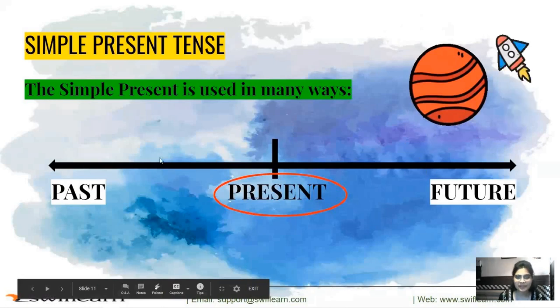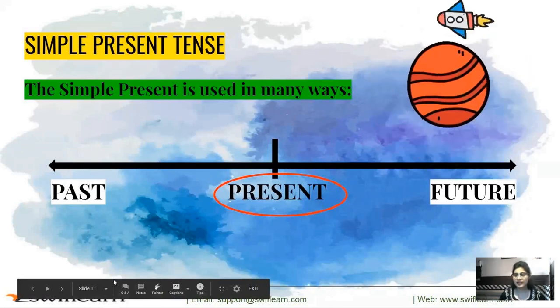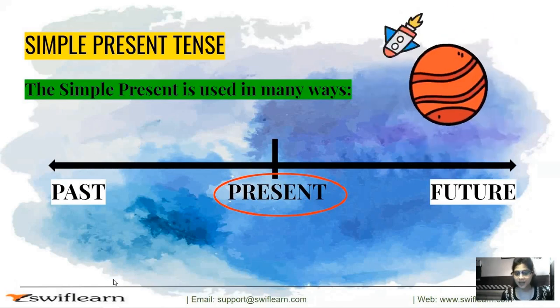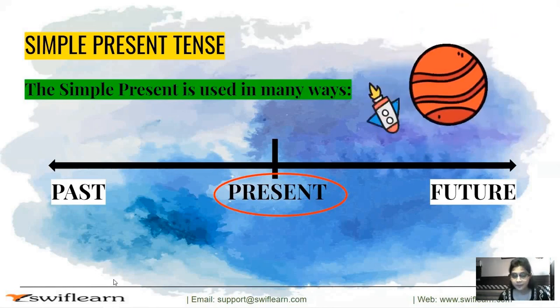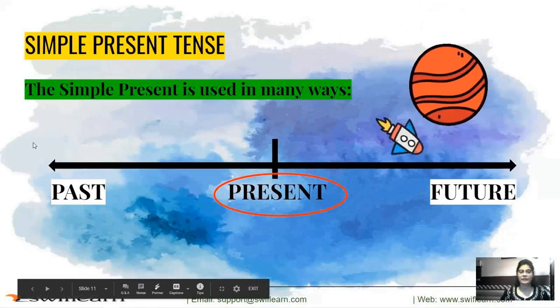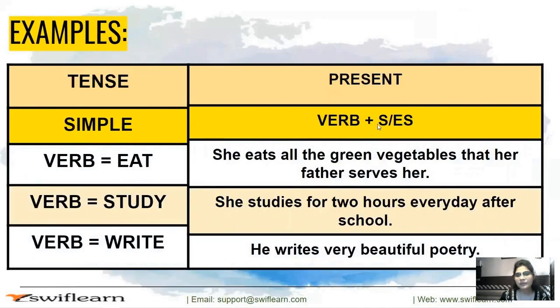In simple present tense, what is present then? Present is something which is going on in present time. The continuous action, the continuous process in which we are right now. The things going on at the right moment. The simple present is used in many ways. Let's see the rule: subject plus verb plus s or es, then object.